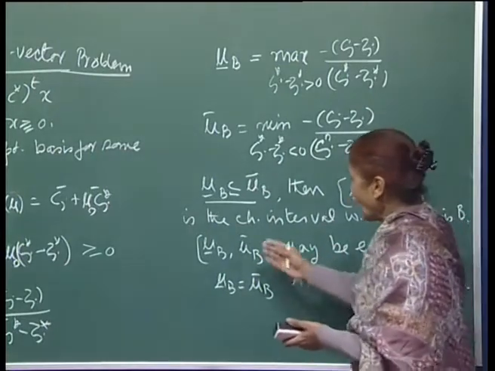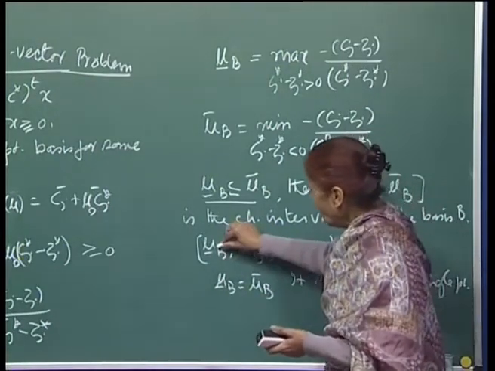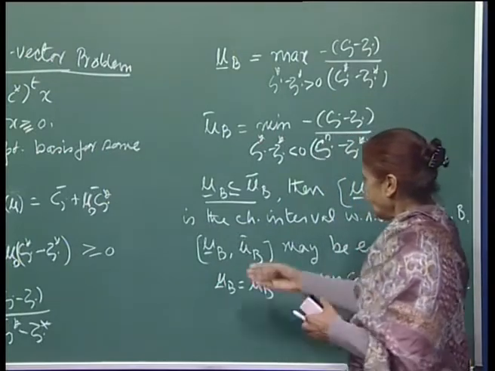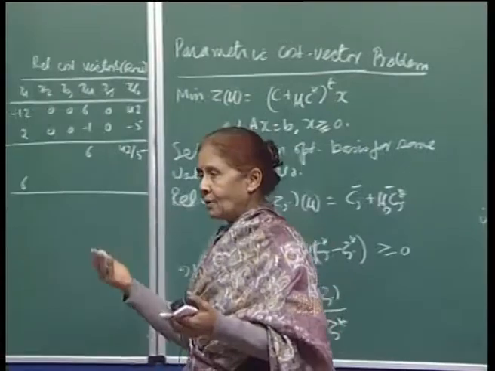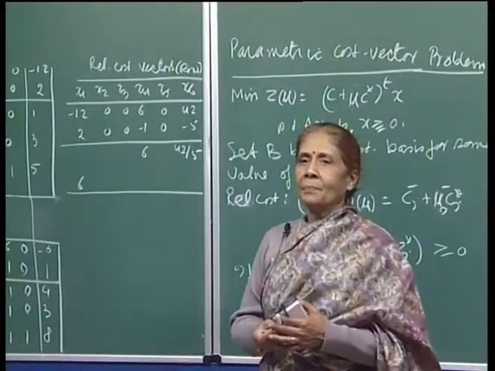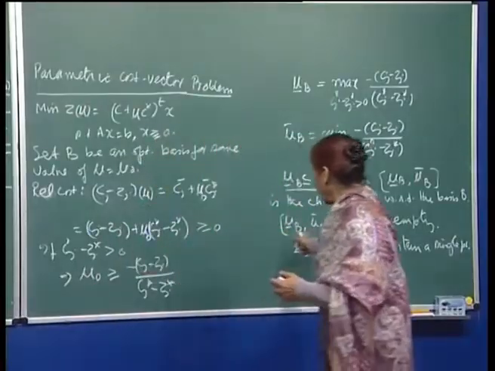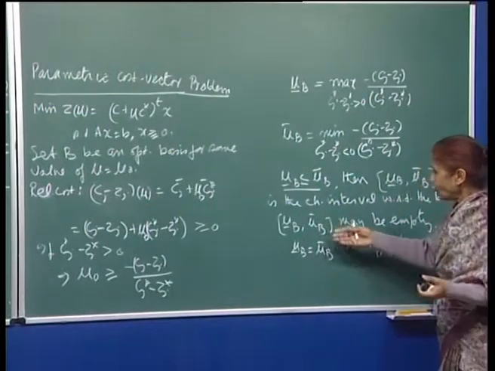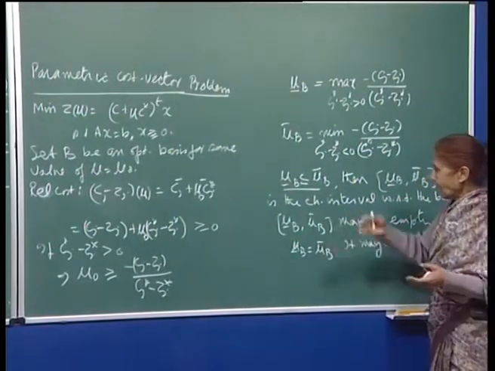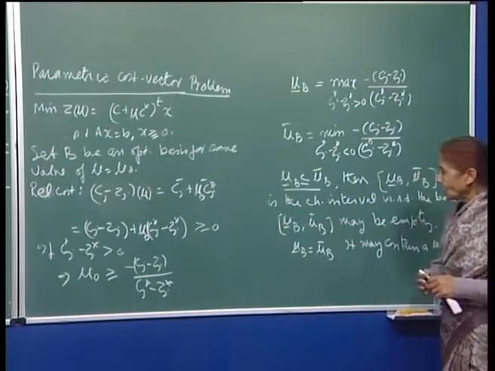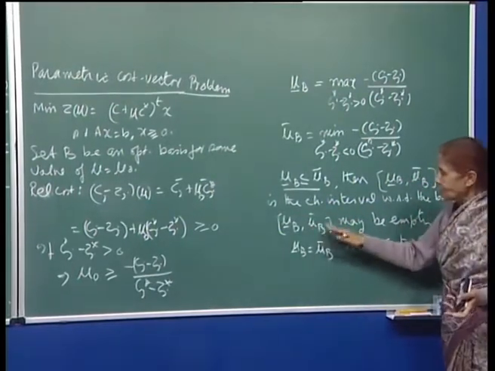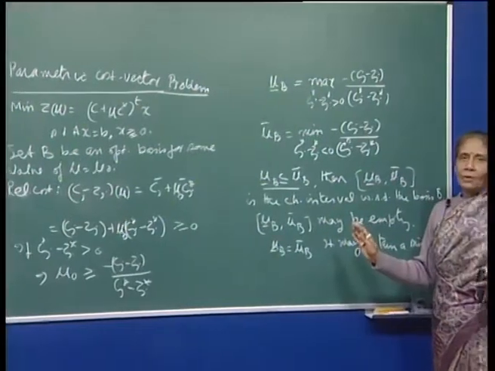For values of mu outside this, B is no longer an optimal basis, and therefore the proof is very simple: a particular basis will never be repeated, because it will not be optimal for values of mu outside this. As you proceed to higher or lower and lower values of mu, the moment you leave this interval, optimality of B is gone, right.